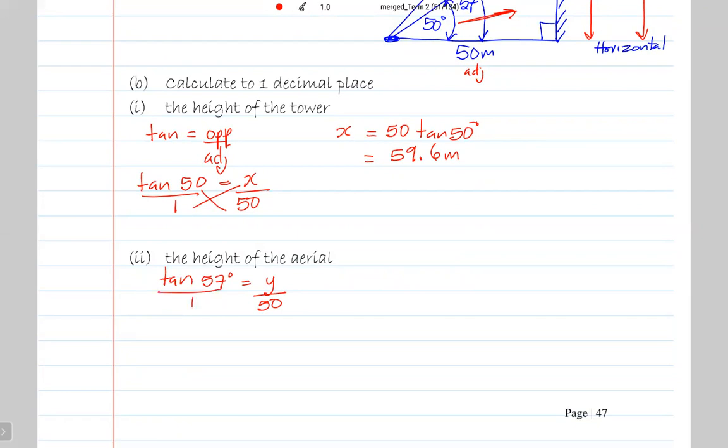If I have one fraction equal to one fraction, to get rid of the fraction, I would cross multiply. 1 times Y is Y, equal to 50 times the tangent of 57 degrees. And so Y is equal to, so you're going to put that in a calculator, 50 times the tangent of 57 degrees. And the answer is 77.0 meters. Wow.